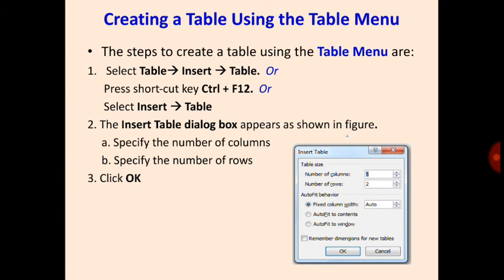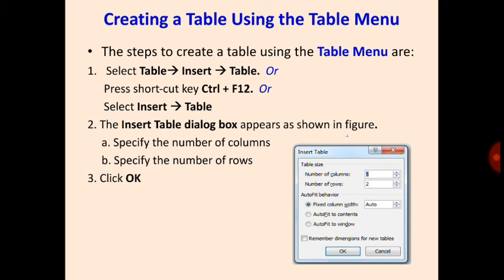Now let us see how we can create a table using the table menu. The steps for this are: first we go to the table menu, then we choose the insert option and then table. It will show the insert table dialog box on the screen as shown in the given figure. We have to specify the table size, that is the number of columns and number of rows.